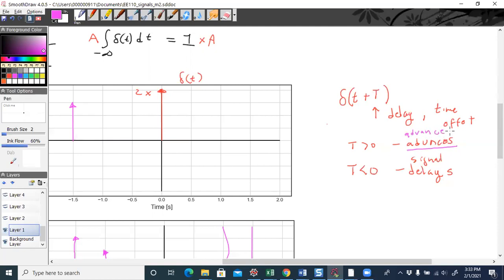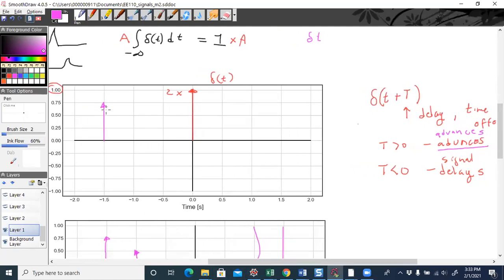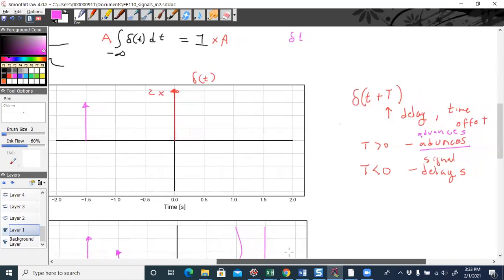Okay. So I'm just going to draw this over here. So it's drawn up to 0.75, right?